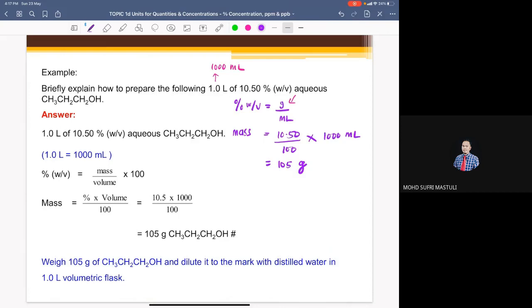So you need 105 gram of the chemicals, and then you dilute it using distilled water and 1000 ml of water in the volumetric glass.